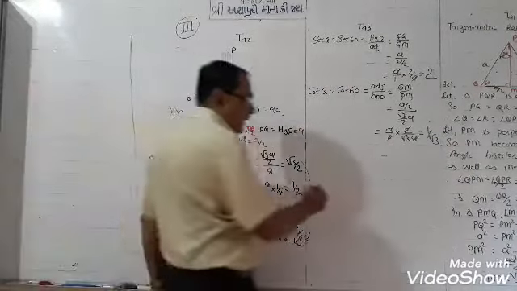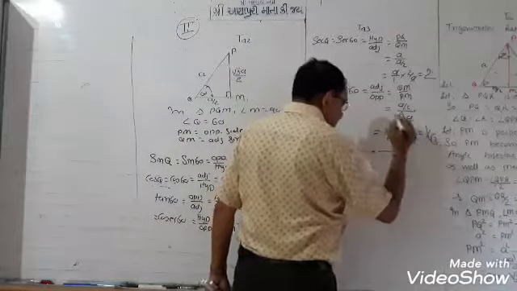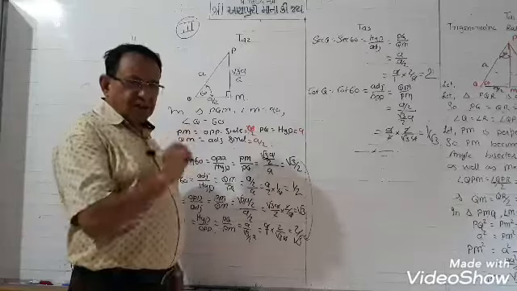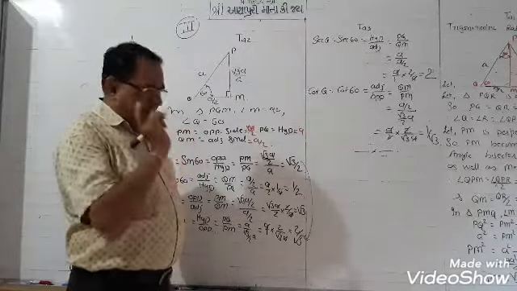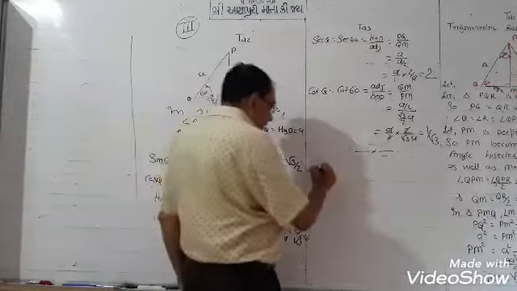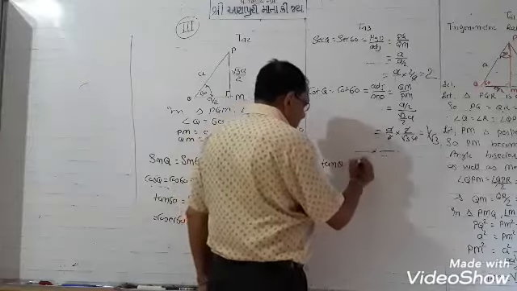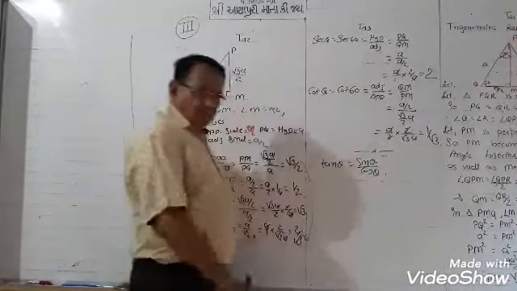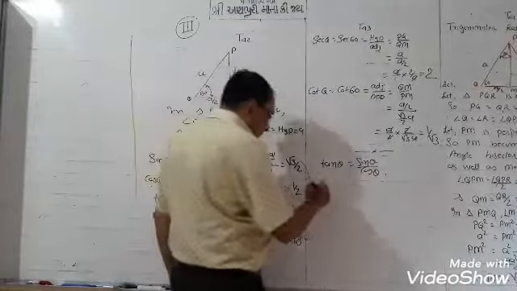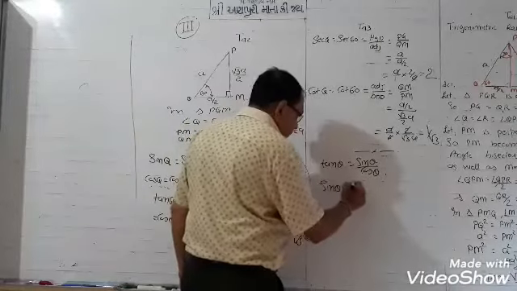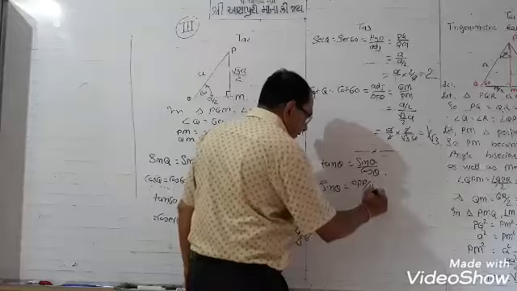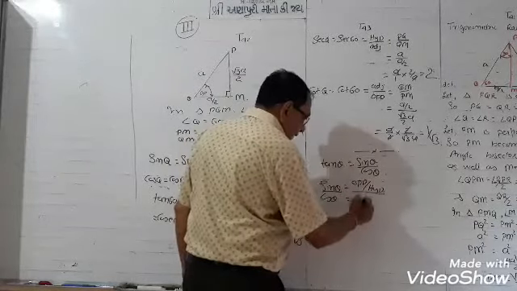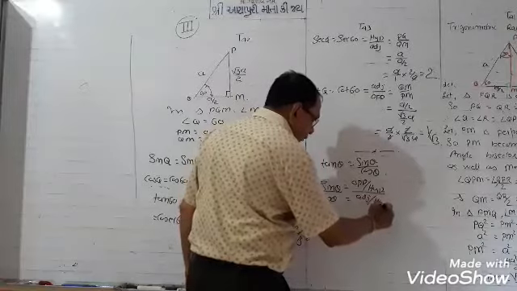Now, before starting sine of 30, I will tell you the relations between sin theta, cos theta, tan theta. Tan theta is equal to sin theta upon cos theta. How is it? See here. Sin theta is opposite side upon hypotenuse. Cos theta is adjacent side upon hypotenuse.